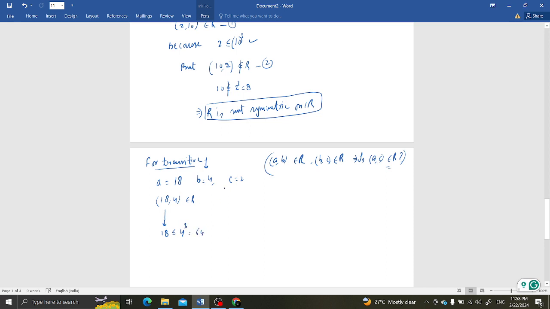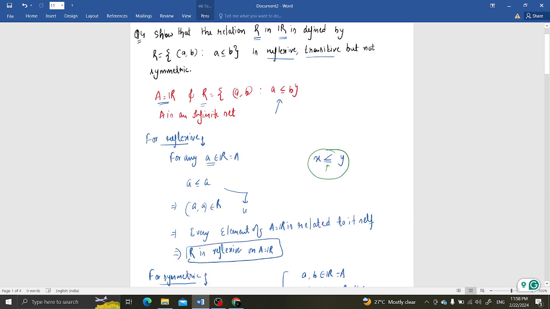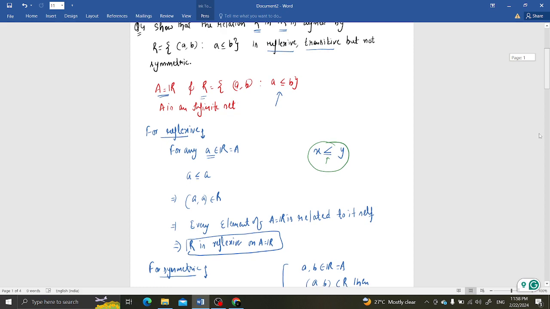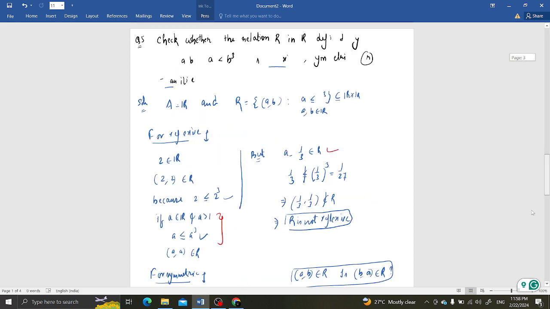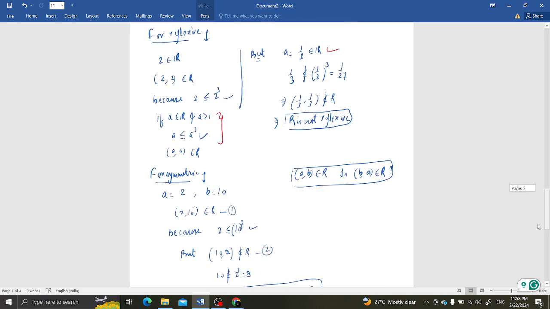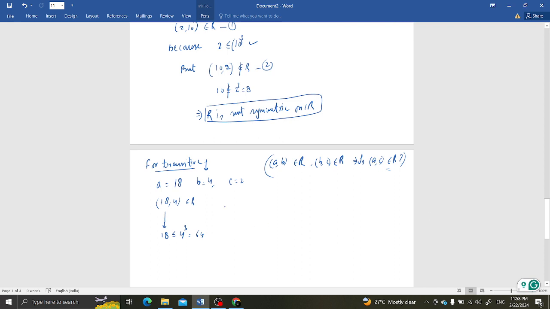And here, what do we have at the end? We have (4, 2), and (4, 2) belongs to relation R, as 4 is less than 2 cubed, that is 8.